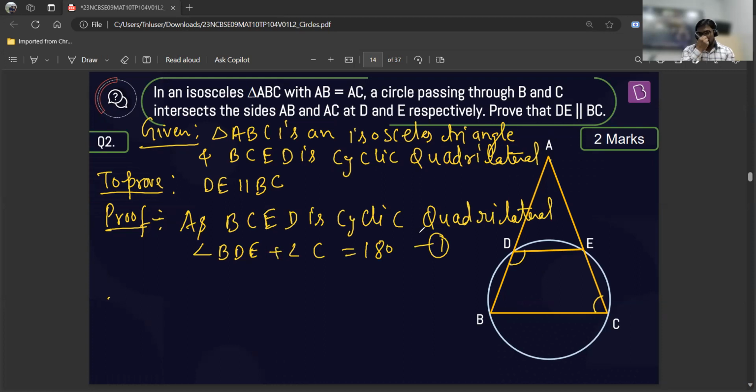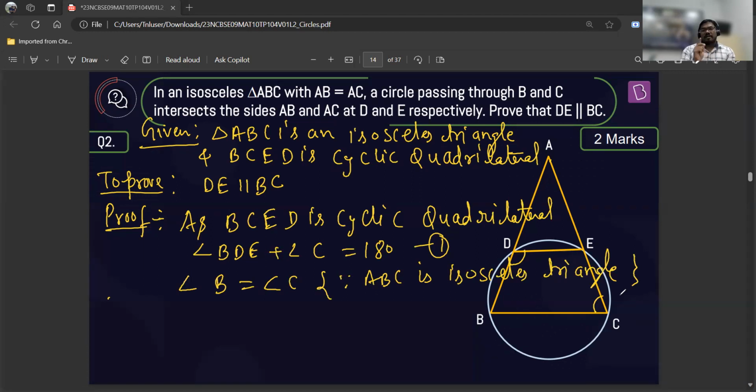This is the first equation. And angle B is equal to angle C because ABC is an isosceles triangle, right? Now the first equation means angle BDE plus angle C is 180, and angle B is equal to angle C, both are equal as given to you, right?